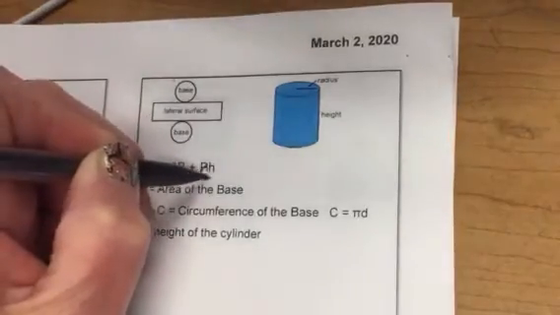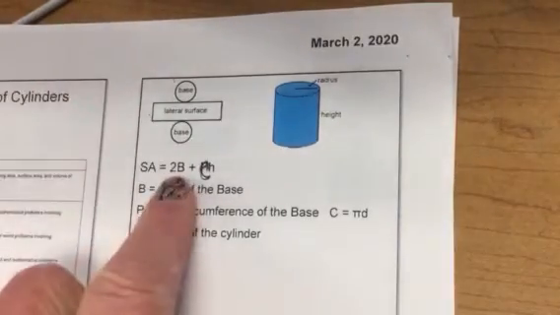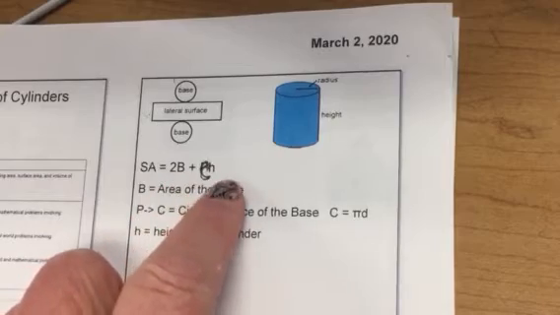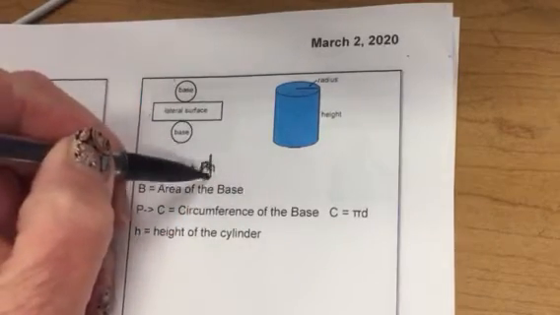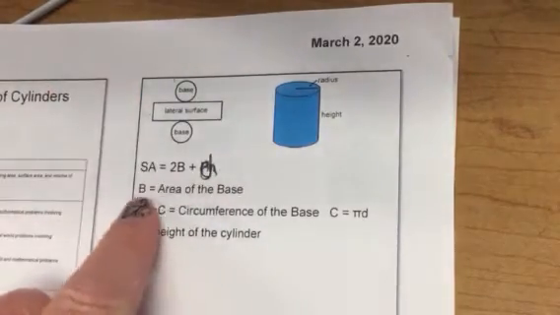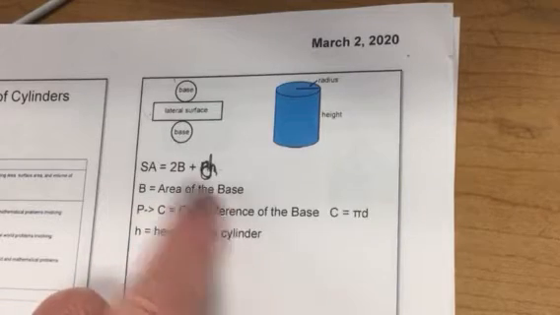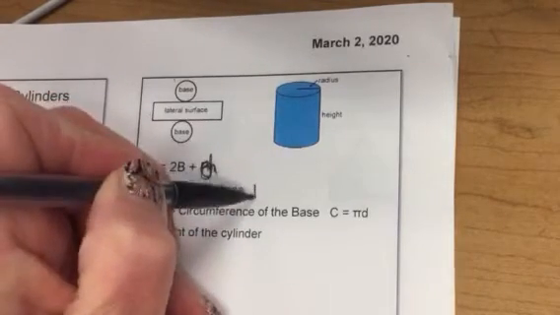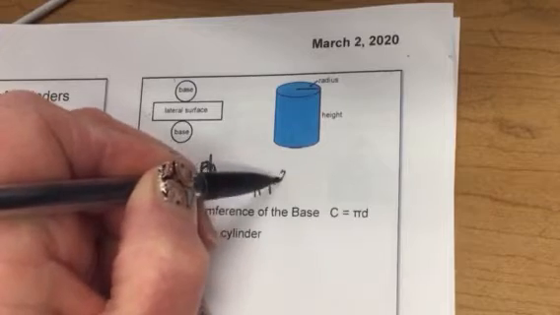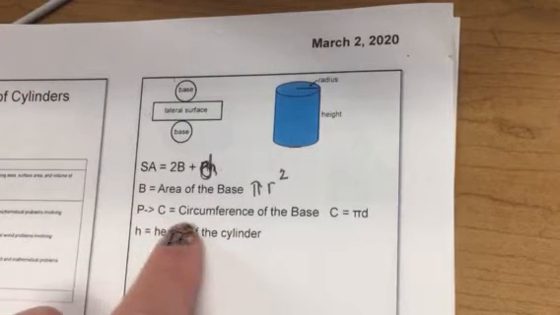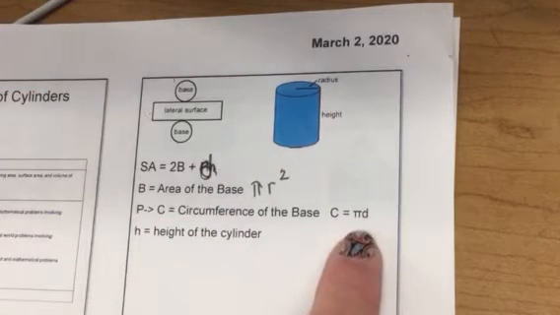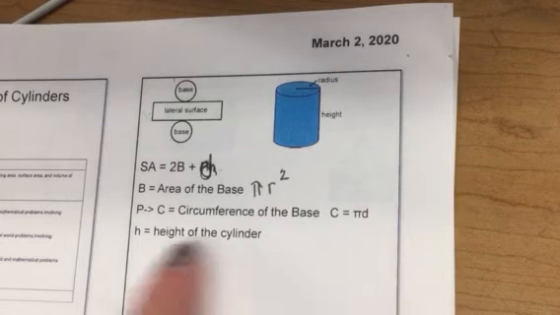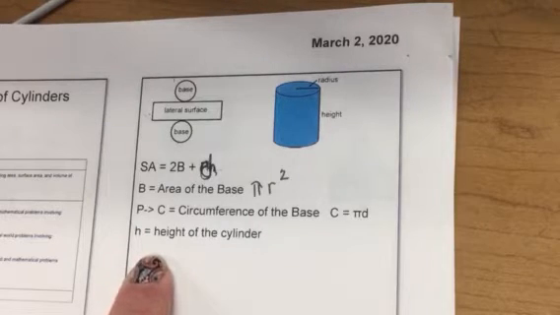Surface area of a cylinder is 2B plus CH, where capital B, again, is the area of the base, which is a circle, pi r squared, and C is the circumference of the base, pi d, to find circumference, h being the height of the cylinder.